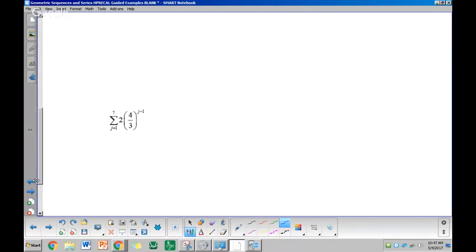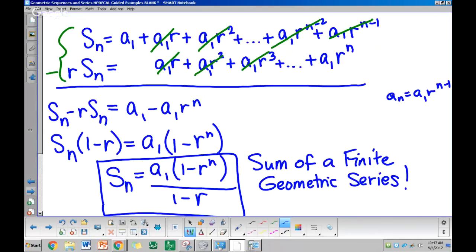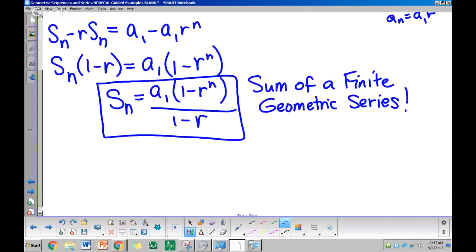So what happens if there are infinitely many terms in a geometric sequence? What happens if we let n approach infinity? The limit as n goes to infinity of S sub n.